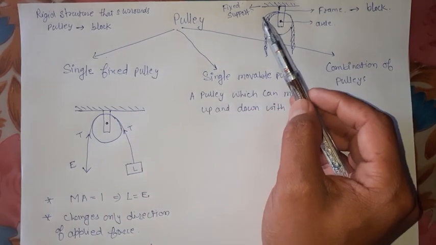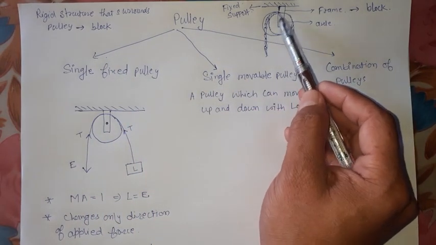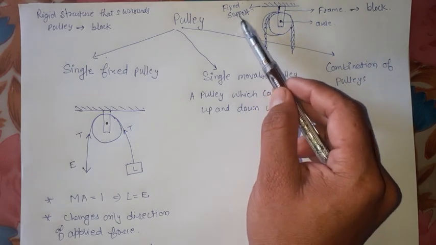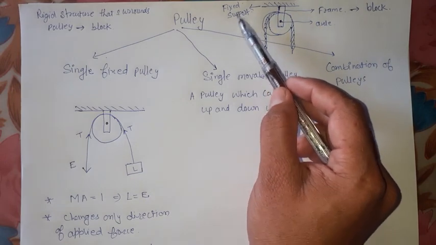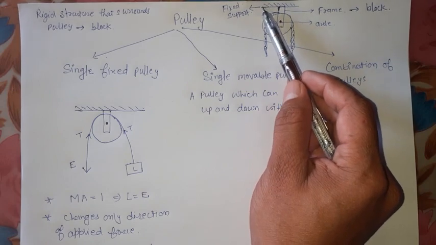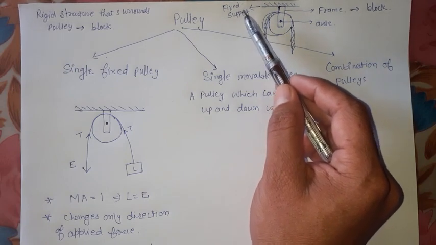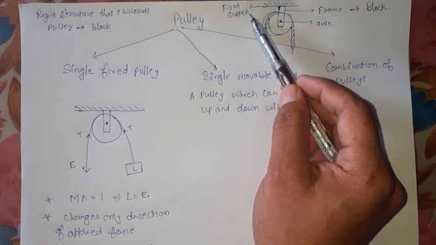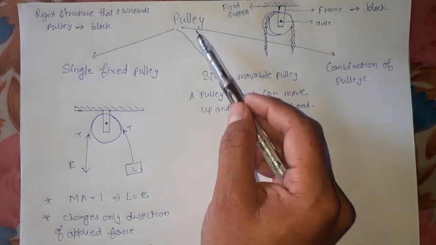This block was attached to a fixed support. Therefore, we said the pulley can be of different types.